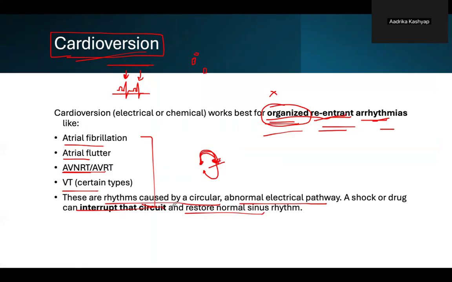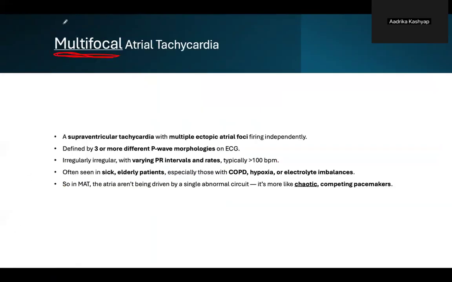It's not just one point causing the abnormality, it's more than one. So if this is your heart, it's going to be different points in the heart causing different electrical activities. It's not going to be a circuit, it's not going to be regular, and it's not something you can just put a shock into to make the rhythm normal again, because it's disorganized and there are multiple ectopic atrial foci.